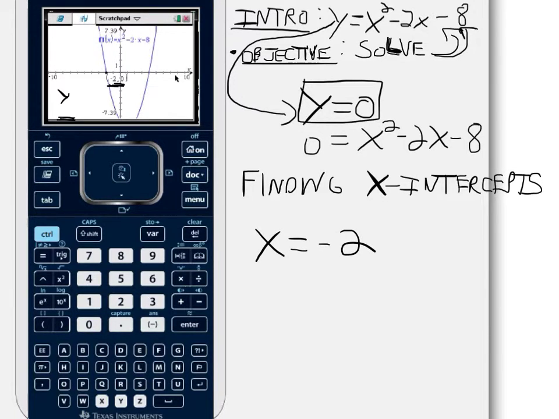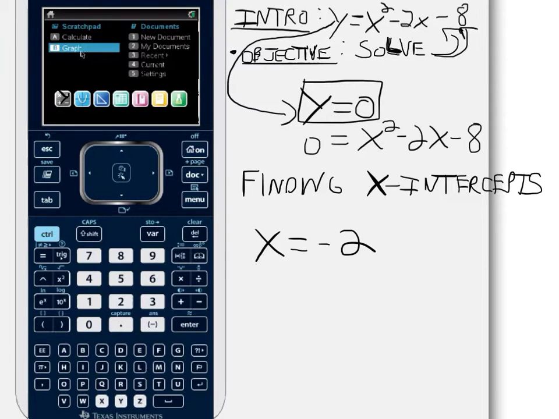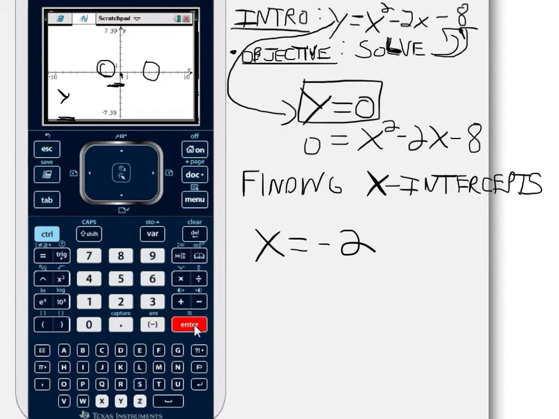Now to get the other one, you want to do the same thing. I want to get this 0. So you're going to hit Menu, go down to Analyze Graph, go to 0.